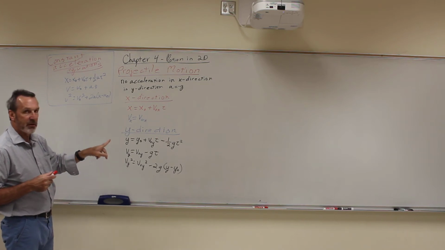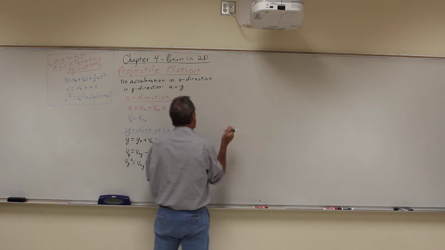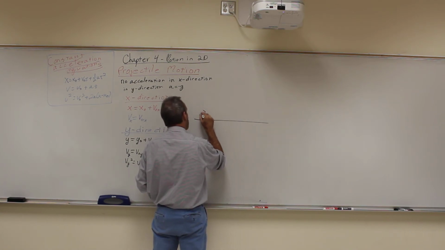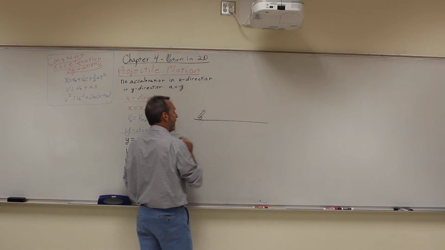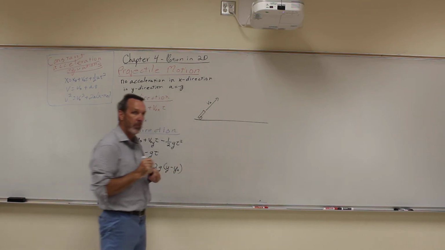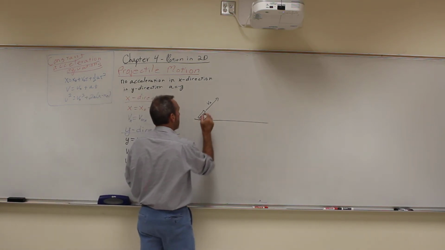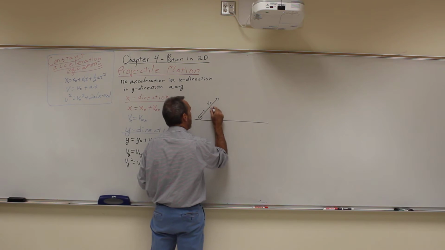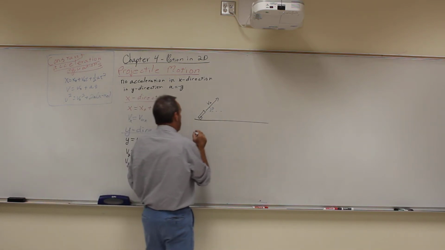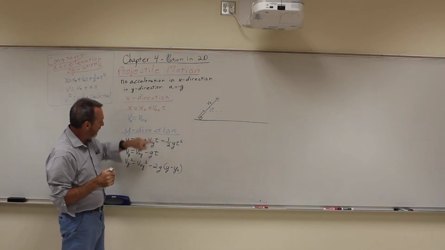Now there's a couple of other things we have to look at for projectile motion. For example, let's say I have a cannon that's launching a projectile here. It's going to launch it with initial velocity v0. And it's going to launch it at an angle theta. Alright, so what we have then is v naught, but what we want in these equations is v naught x and v naught y.